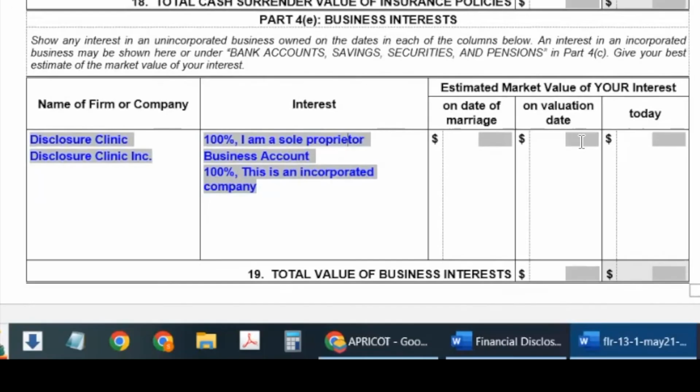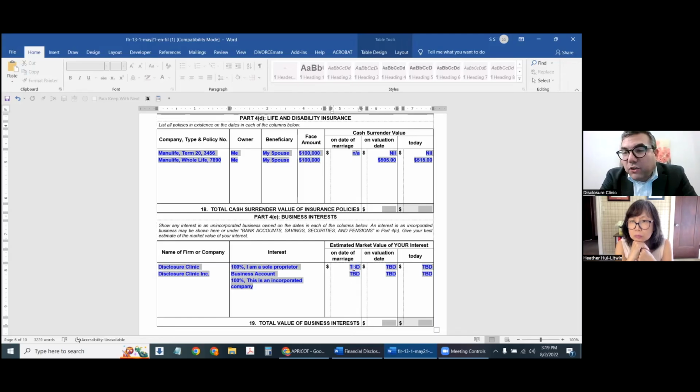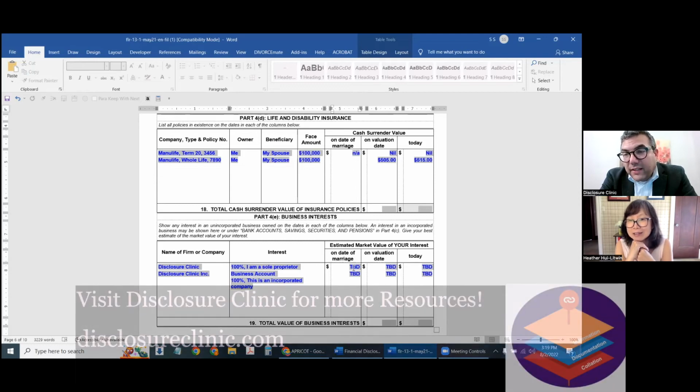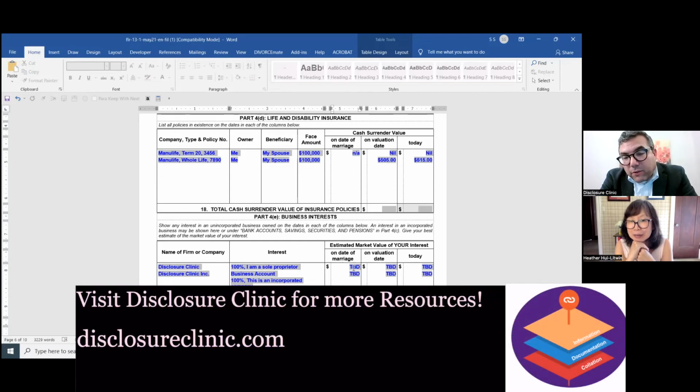Many people, when they're filling this out for the very first time, will just write TBD. In other words, don't put a value. If it existed on date of marriage, that's okay. You can do that for the entire financial statement, but when it comes specifically with a business interest, you have to be careful about it.